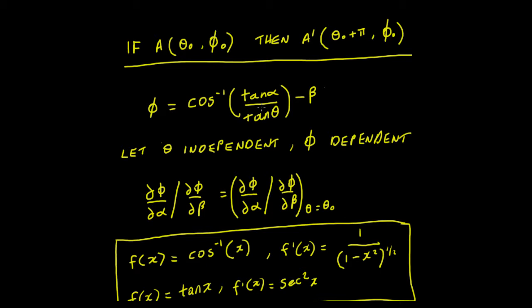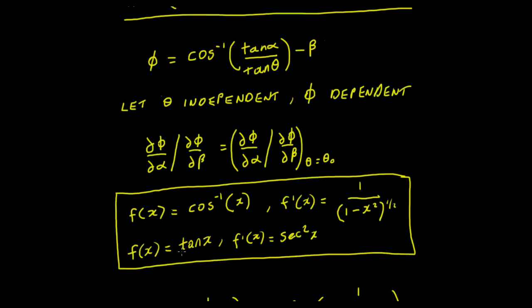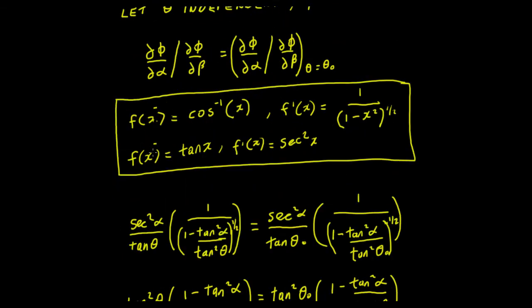Theta just acts as a constant because we're differentiating with respect to alpha, and if you differentiate tan alpha, you get sec squared alpha. So that becomes sec squared alpha upon tan theta, which gives you the first section here, and this part is just 1 upon (1 minus tan squared alpha upon tan squared theta) all to the power of a half.